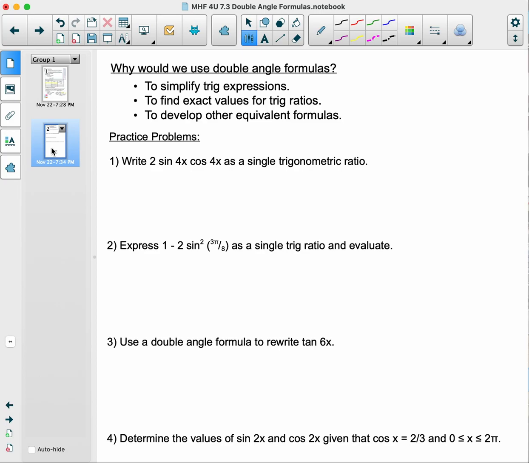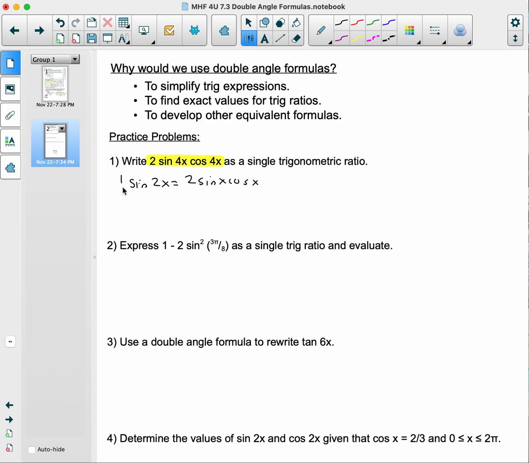So the first one that's here is here on purpose because typically students have a really hard time when I just say rewrite it as a single trig ratio. So what you have to do in that case is look at this and think about what it kind of looks like. To me, it looks a lot like sine 2x equals 2 sine x cos x.